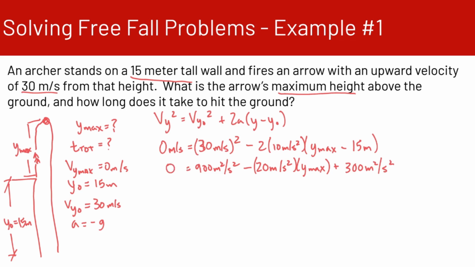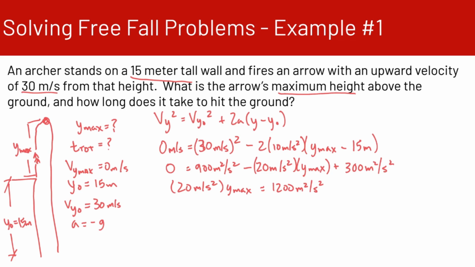I'm going to go ahead and simplify. I'm going to move the negative 20 meters per second squared times y max over to the left side and combine my like terms on the right side. So we have 20 meters per second squared times y max is equal to 1200 meters squared per second squared on the right.